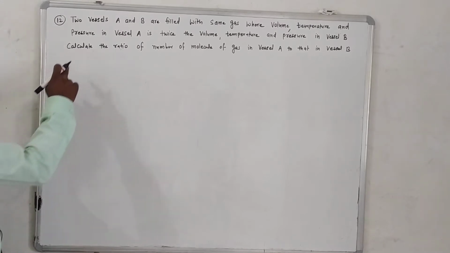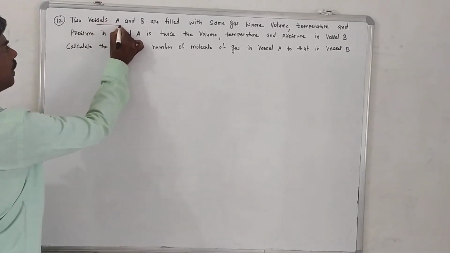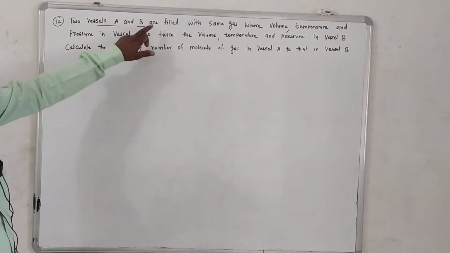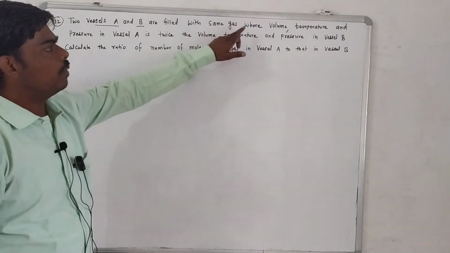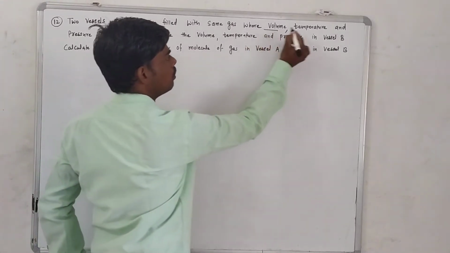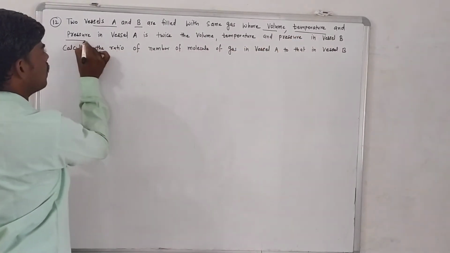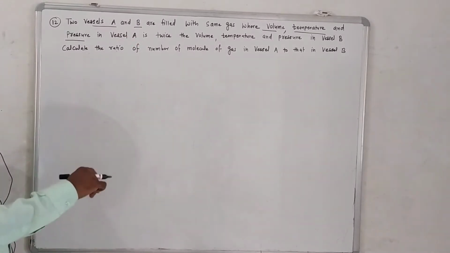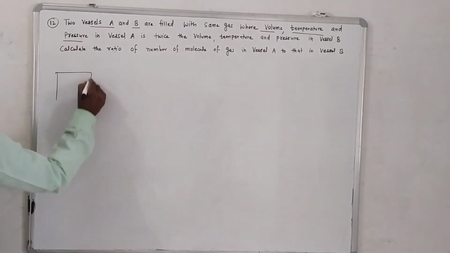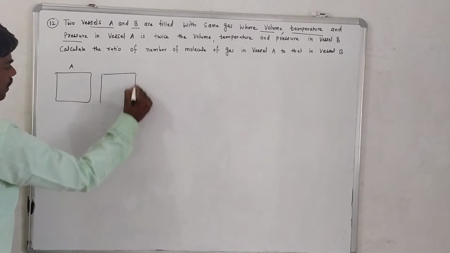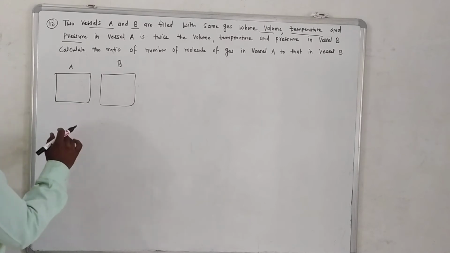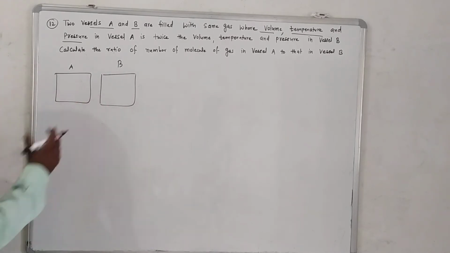Two vessels A and B are filled with the same gas, where volume, temperature and pressure, the three variables, in vessel A are twice the volume, temperature and pressure in vessel B. Pressure, volume and temperature are called thermodynamic variables.